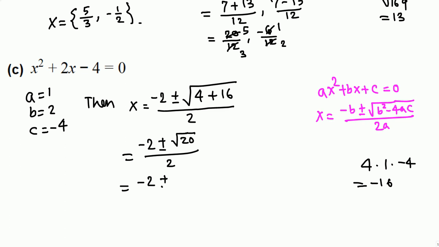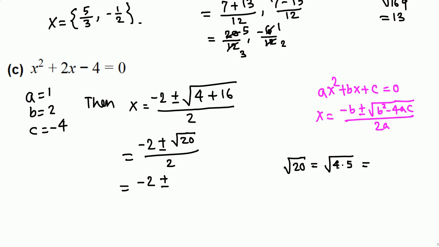Negative 2 plus or minus, let's find root 20. 20 is not a perfect square, but we need to simplify. Root 20 is simplified as follows. Let's try to find the highest perfect square factor. 20 is 10 times 2, but 10 is not a perfect square, and 2 is not. 20 is 4 times 5 as well, and 4 is a perfect square.